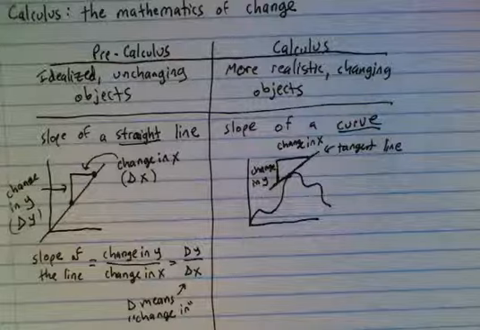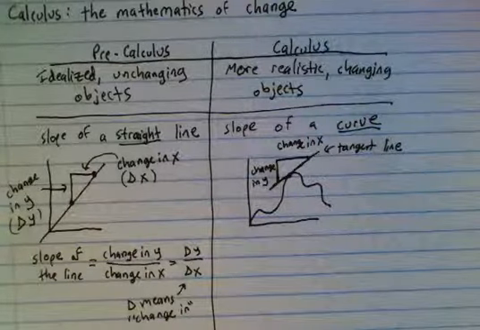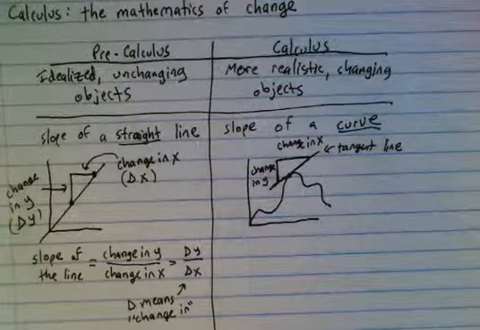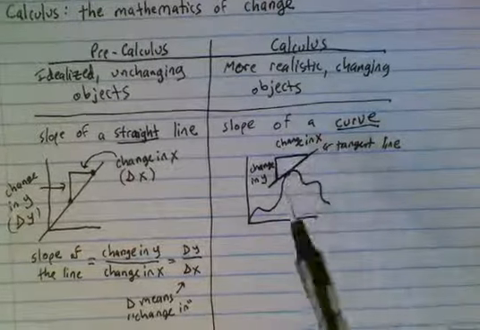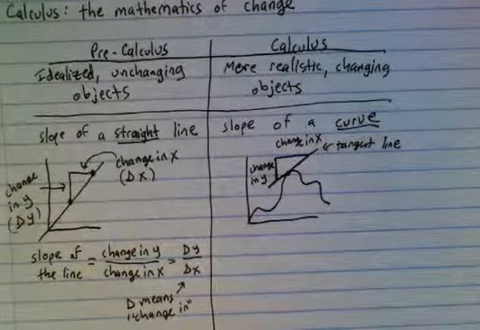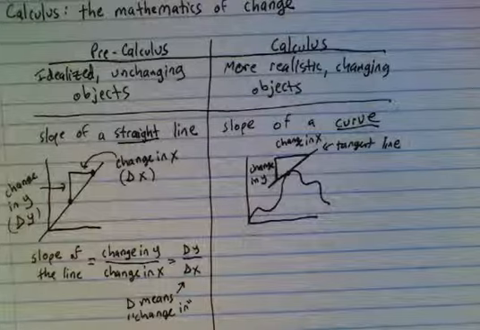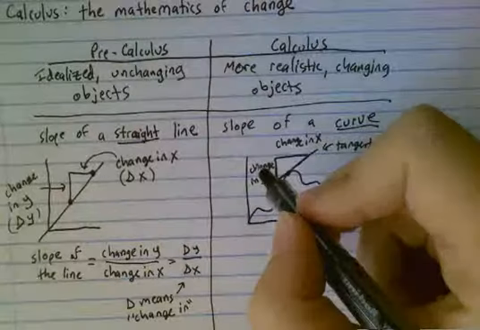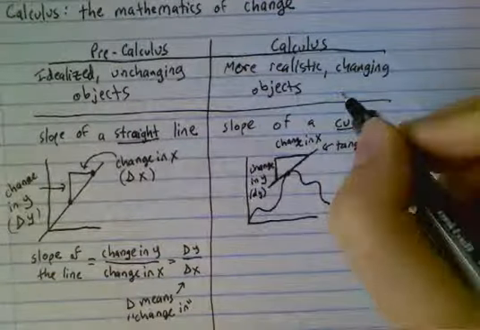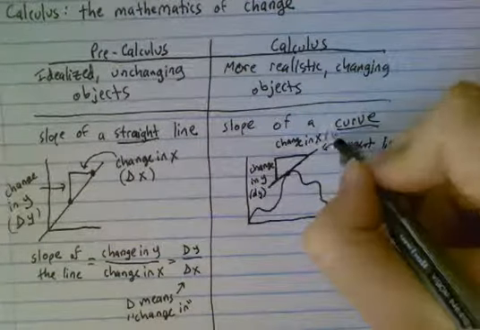The idea is the same for finding the slope of a curve as it is for finding the slope of a line. The difference is that in calculus, the changes in x and the changes in y are infinitely small. These infinitesimal changes are actually called differentials with a d, and have their own notation. They're a dy and a dx.